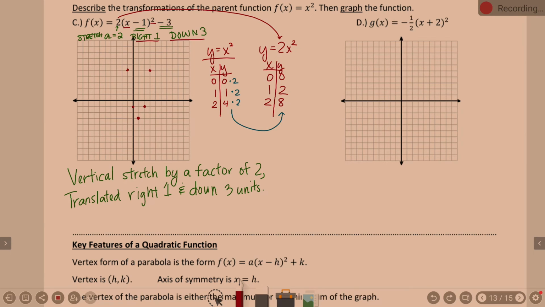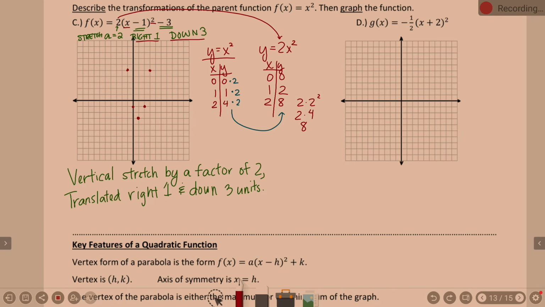Yes? How'd you get 8? 8 came from, if we do the times 2, 2 times 2 squared. And the key is to remember that 2 squared has to be done first. So 2 times 4, which is 8. Does that help?